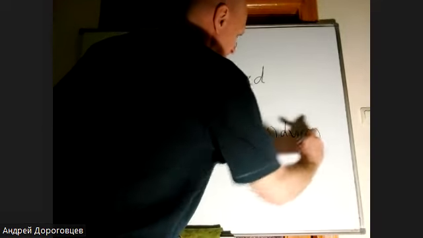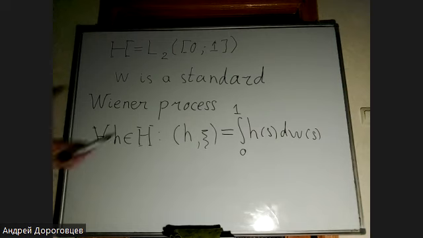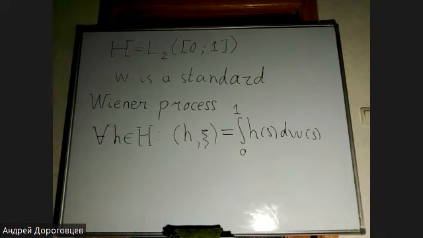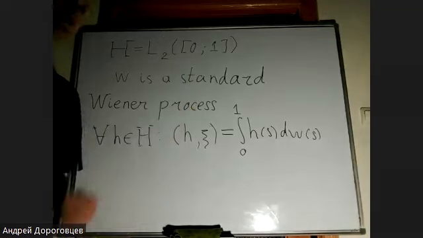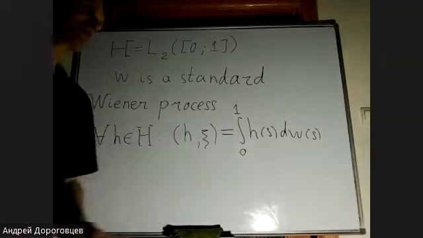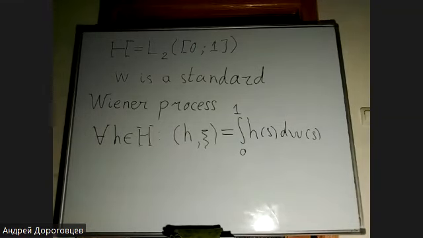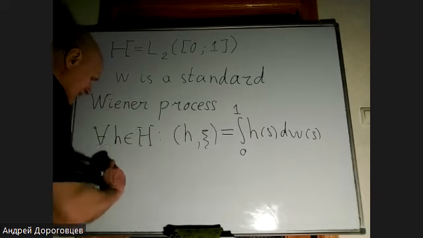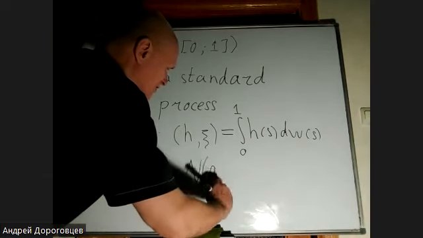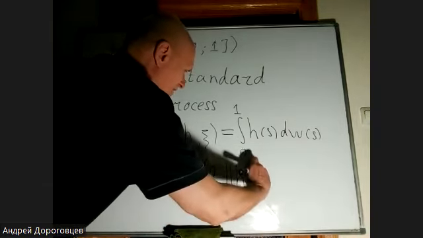We discussed already that this integral is properly defined, for example, when approximating function h in this space by step functions, it occurs that the corresponding sums converge to some limit, and this limit is exactly the definition of this integral. It is a Gaussian random variable, and its distribution is normal with mean 0 and variance the norm of h squared.